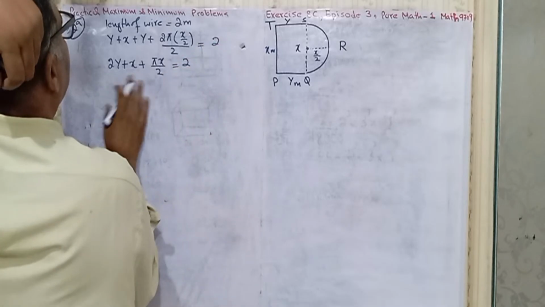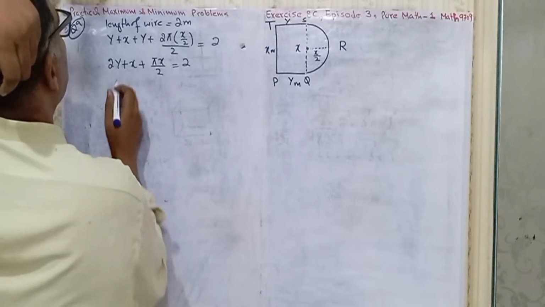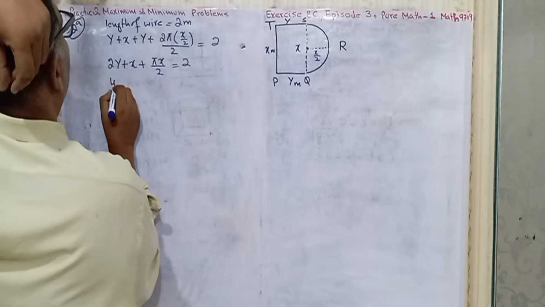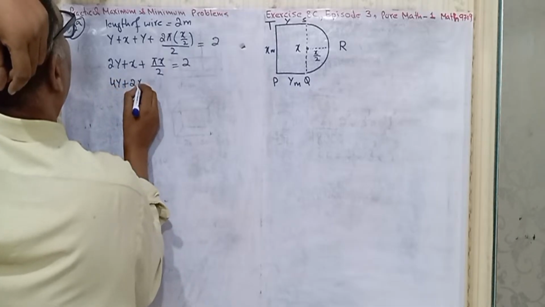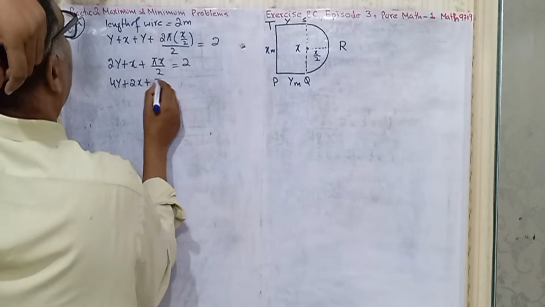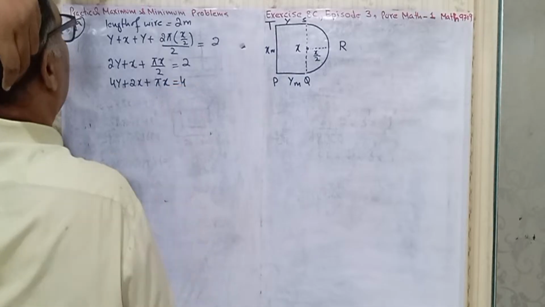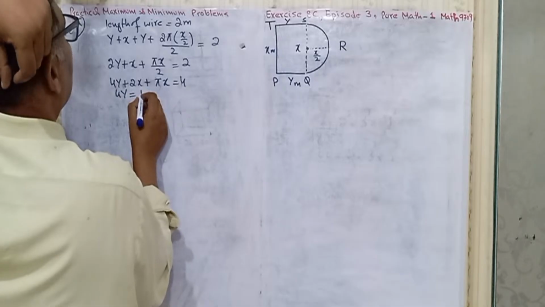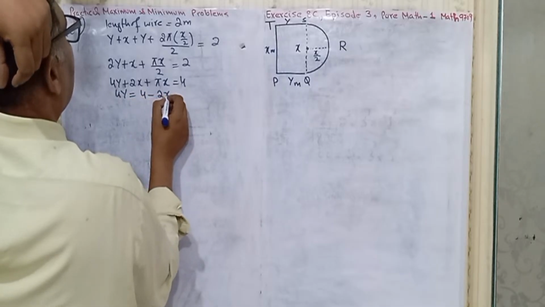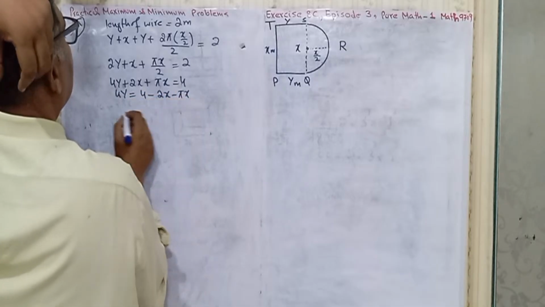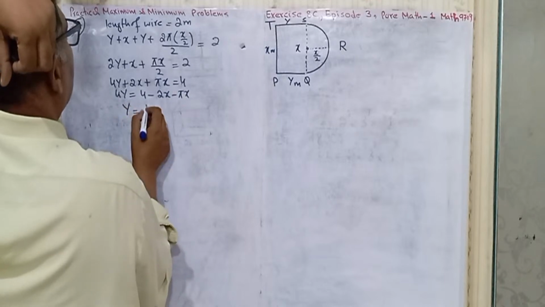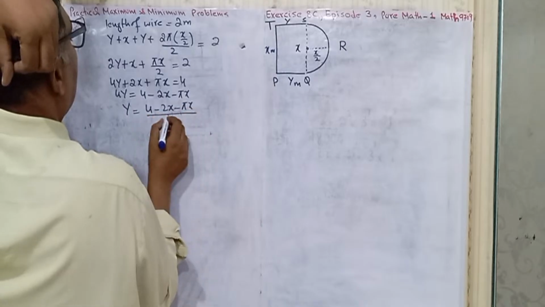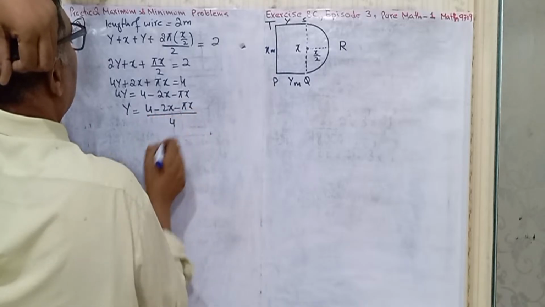Multiply all of them by 2. So you will have 4y plus 2x plus pi x equals 4. So we will have 4y equals 4 minus 2x minus pi x, and y will be equal to 4 minus 2x minus pi x, divided by 4.